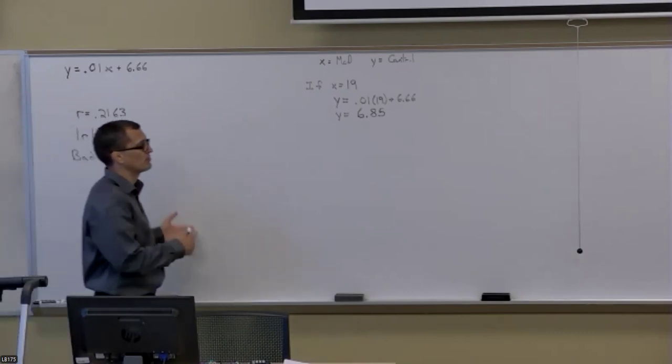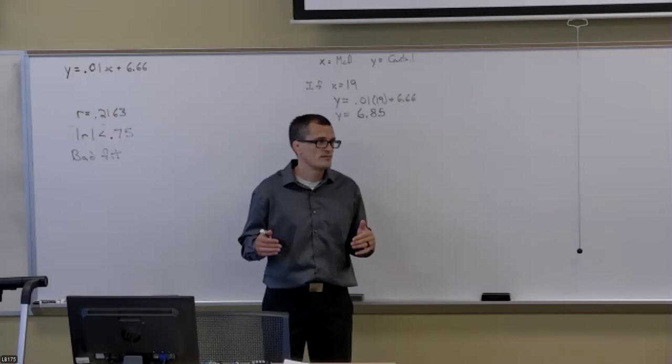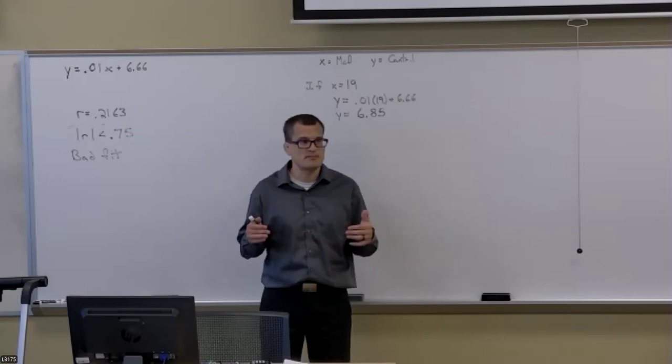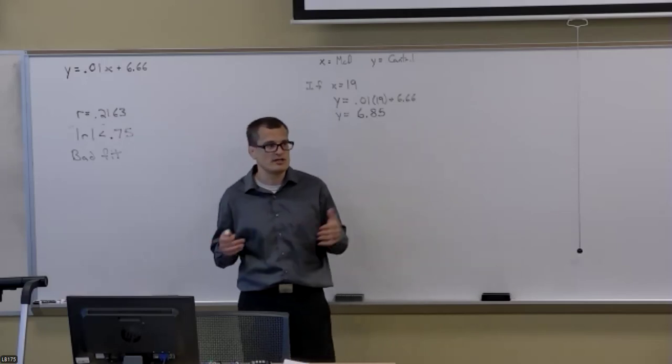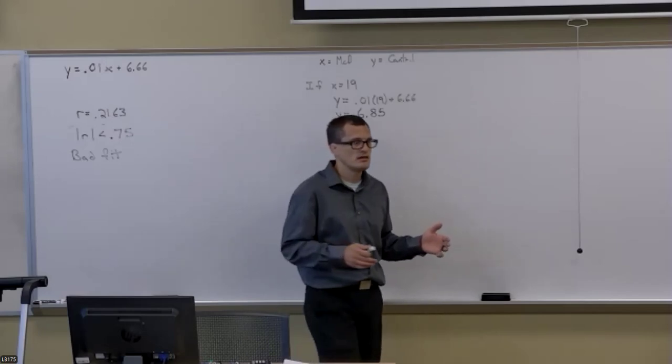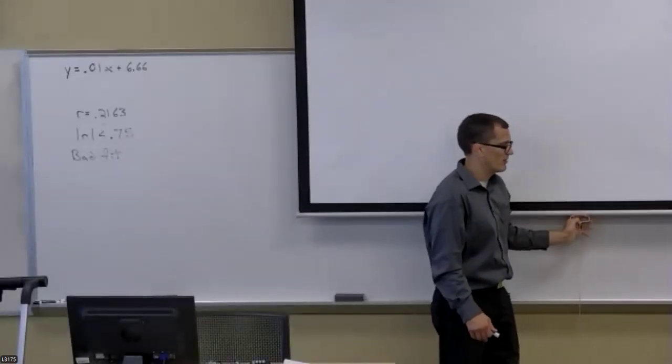In our previous problem, the prediction was probably okay. In the problem before that, our prediction was probably a lot better. The higher that R value is, the closer it is to either 1 or -1, the better the predictions are going to be, or likely to be.